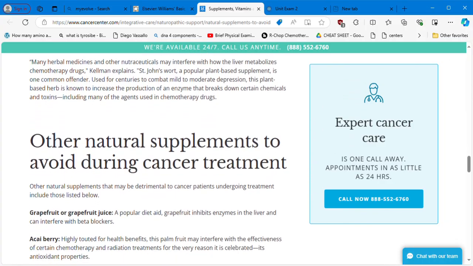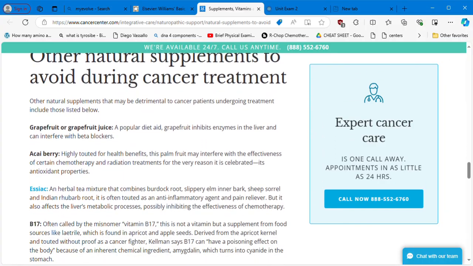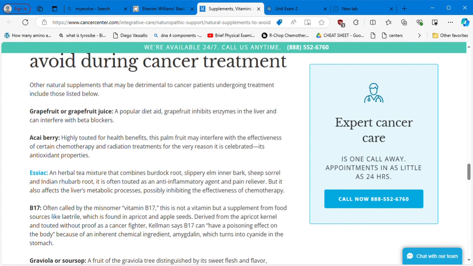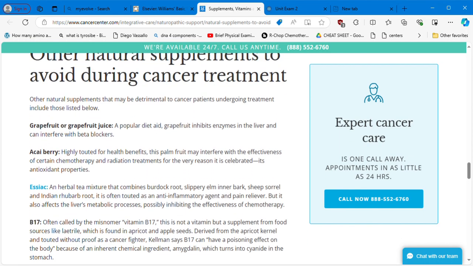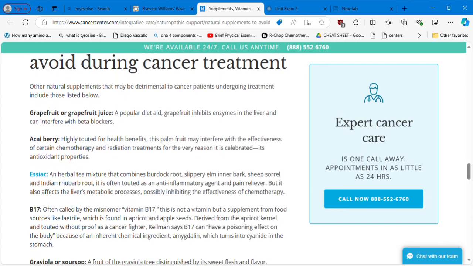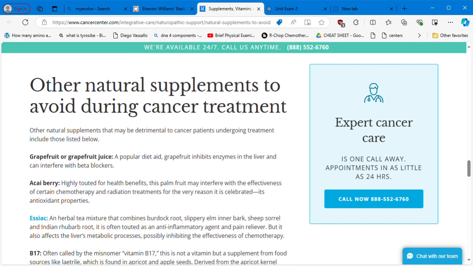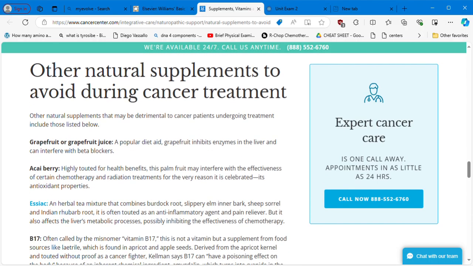Well, my job as a lecturer is to present you with the literature that is available and how they are presenting this fact to the students. However, in functional medicine, we have different practices, and we have seen benefits from different supplements like B17, which here is listed as something we should avoid during cancer treatment.